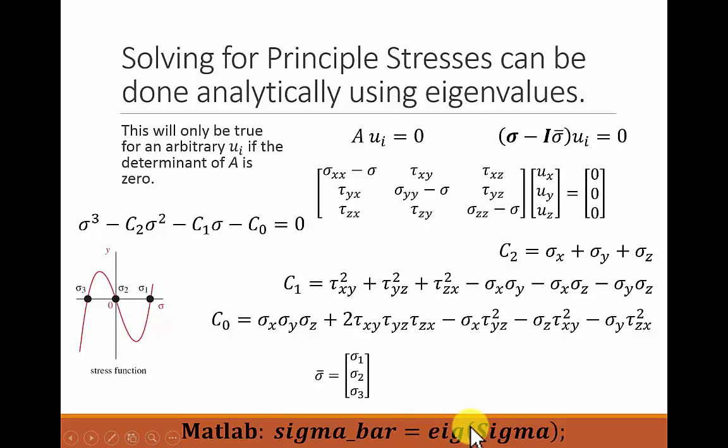I'm going to do an example showing both ways, but the Eigen function of sigma, that's this matrix right here, not A, sigma. Eigen of sigma will produce for me this vector right here at the end, which has the principal values, and these are what we call eigenvalues.